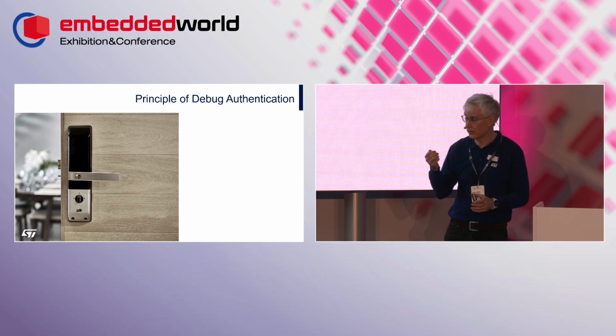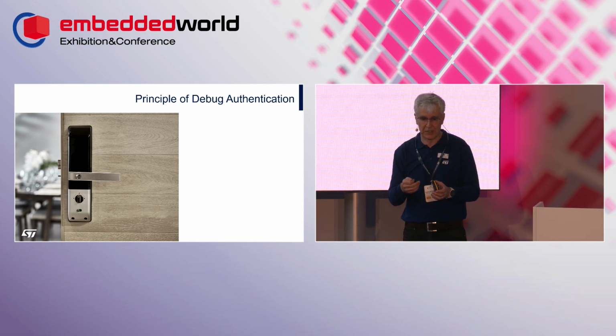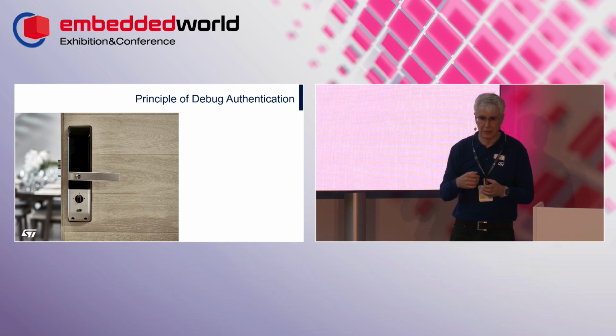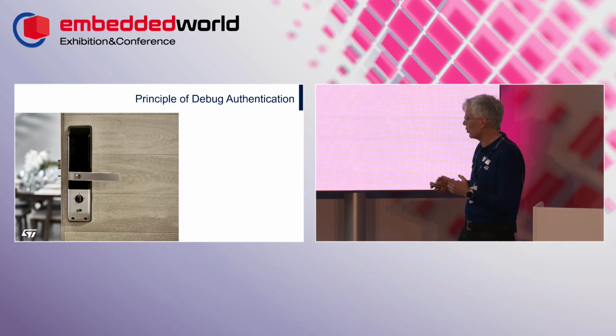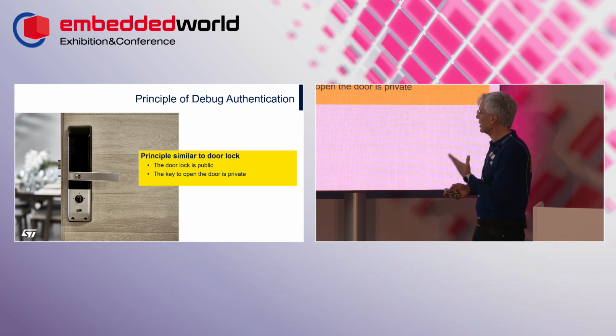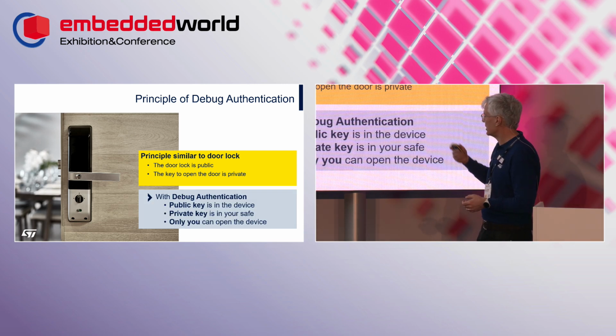So we use the same basic mechanism. If you have the private key, you can open the device. If you don't have the private key, you cannot open the device. It's a bit more complex than that, but that's the main principle. So the door lock is public, the key to open.